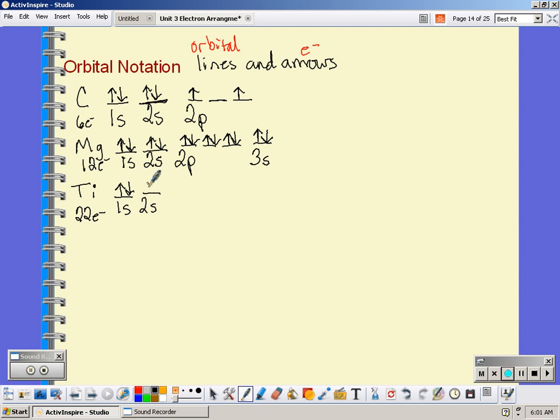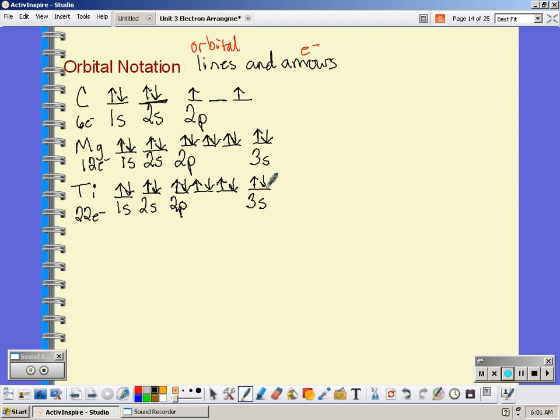After the 2s, we would have 2p. Each p sublevel has 3 orbitals. We would fill one at a time before we pair up, and we have plenty of electrons because we're only up to 10. After we fill the 2p, we would fill 3s. The s sublevel has 1 orbital, and we can put in 2 electrons. So now we're up to 12.